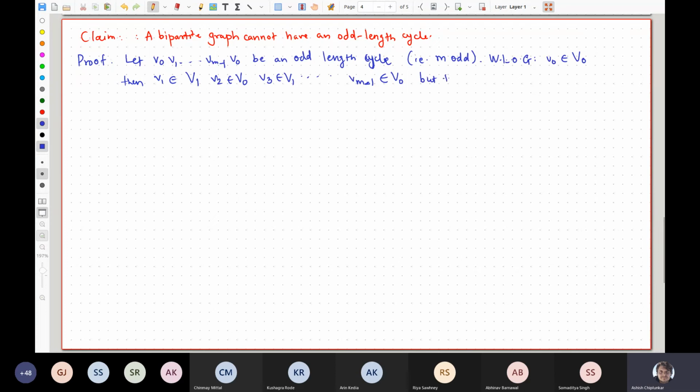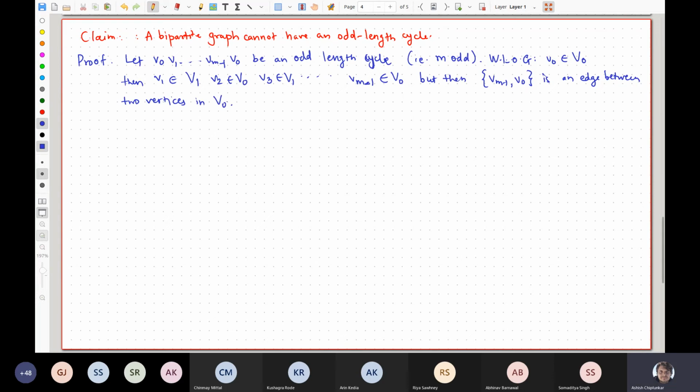But then v(m-1) v0 is an edge between two vertices in V0, so that's not allowed.